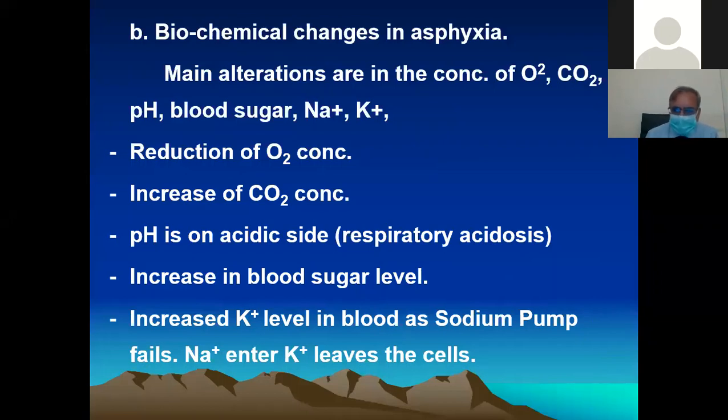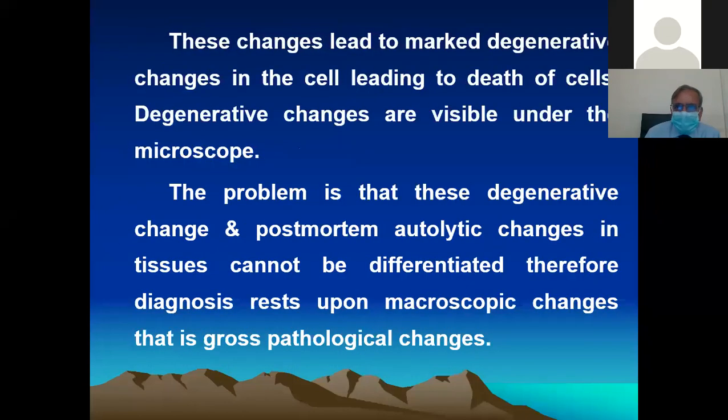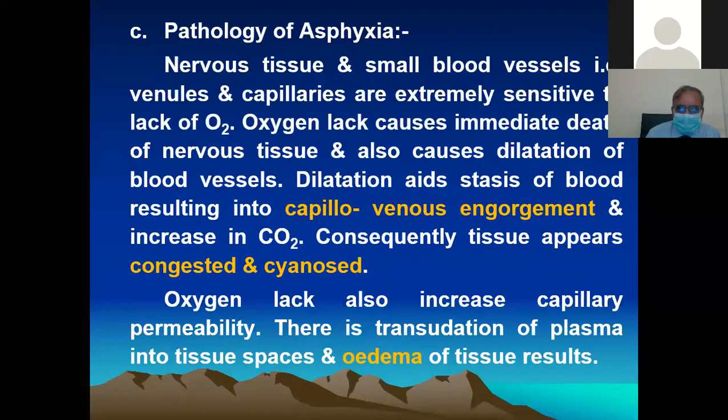I have asked this question in the MCQs. Blood sugar level increases, and potassium level in the blood increases because of failure of the sodium potassium pump. So these are the changes present in the biochemistry of blood due to asphyxia.